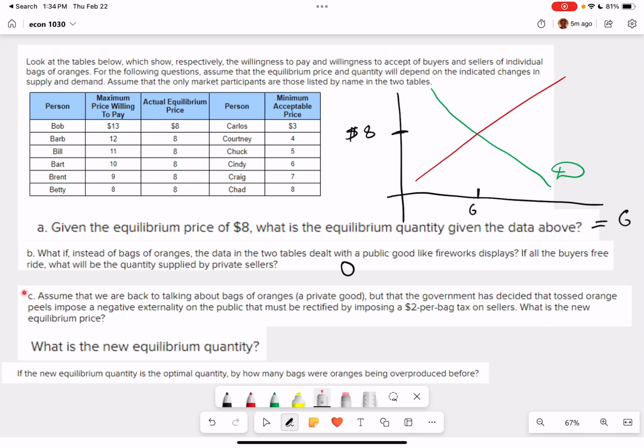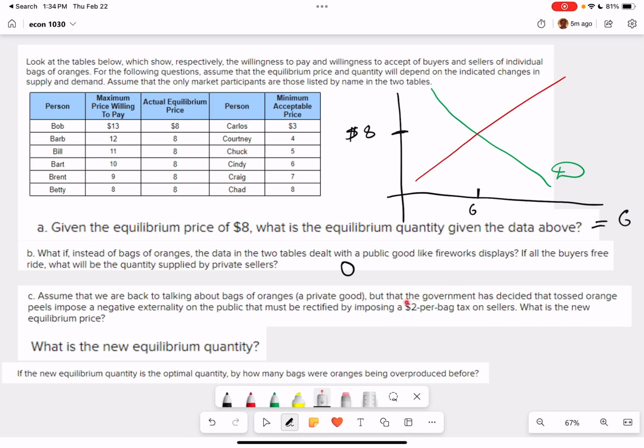Assume that we're back to bags of oranges, a private good, but government has decided that tossed orange peels impose a negative externality. So not entirely implausible, but obviously this is hypothetical. So there's a negative externality on public that must be rectified by imposing a $2 tax on sellers.